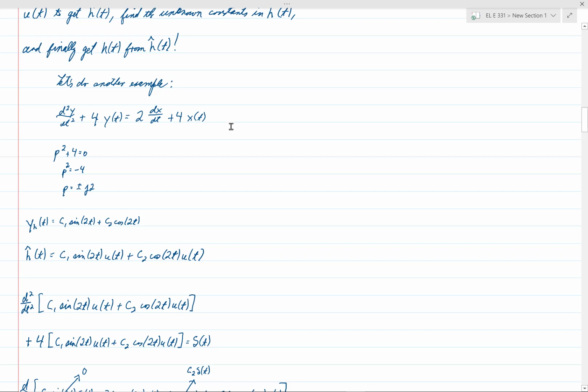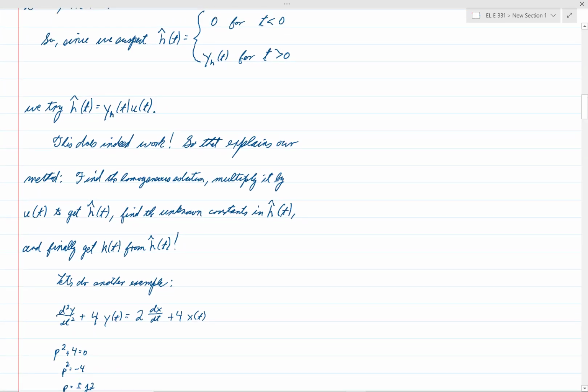And then, of course, when we substitute h hat of t into the equation on the left-hand side, and we use x of t on the right-hand side for the associated system, that x of t will then become delta of t.